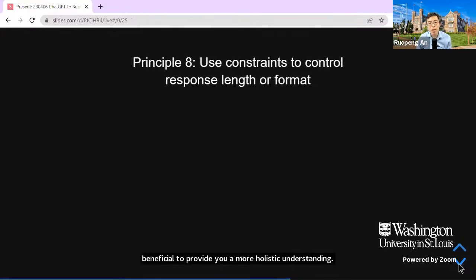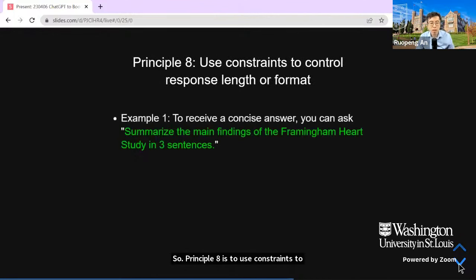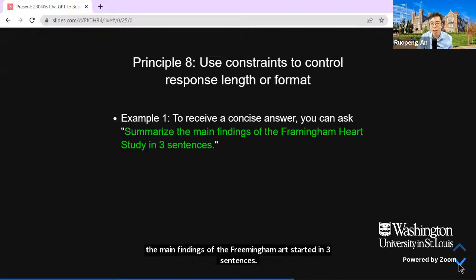So principle 8 is to use constraints to control the response length and format. For example, to receive a concise answer, after your request, you can ask, please summarize the main findings of the Framingham Heart study in 3 sentences. Okay? So here, do not be shy.